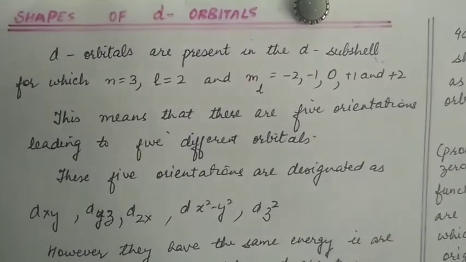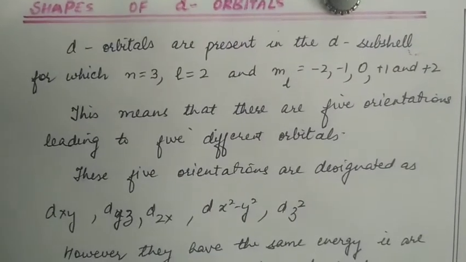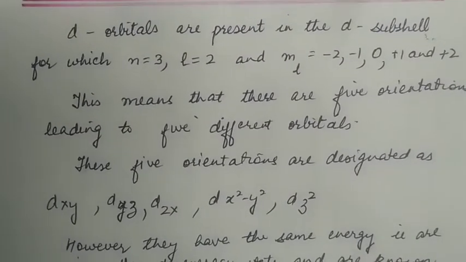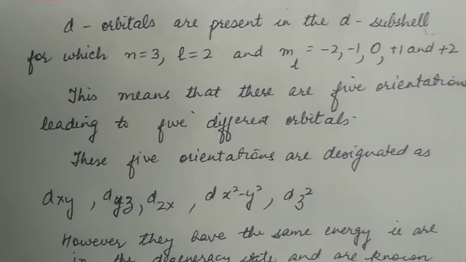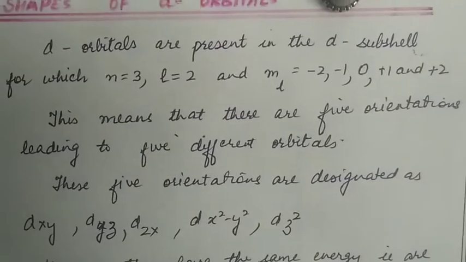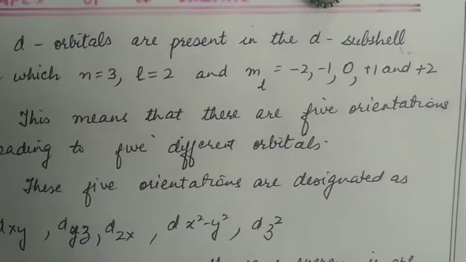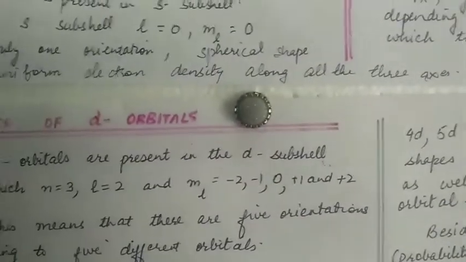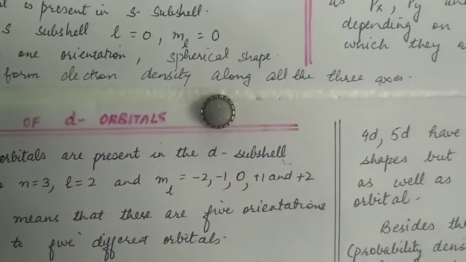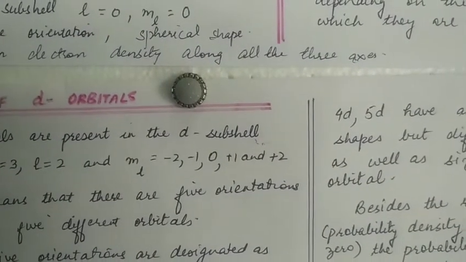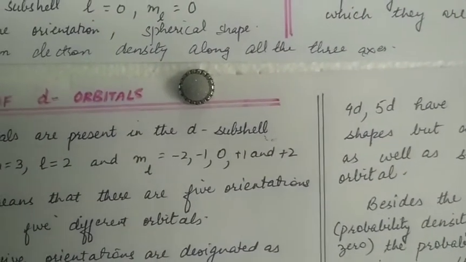D orbitals are present in the d subshell, and d is found first time when n is equal to 3. In the first shell and second shell, there are no d orbitals. So in the third shell, n is equal to 3 and L is equal to 2. And when L is 2, it is d orbital, and the ml values can be -2, -1, 0, +1 and +2.